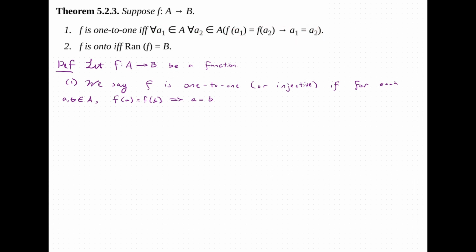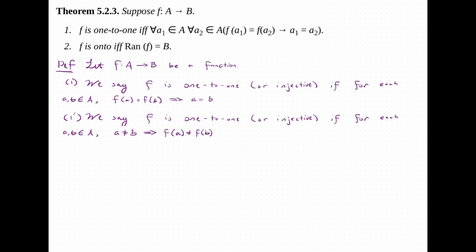But what if we were to take the contrapositive of this statement? Then the contrapositive is a1 does not equal a2 implies that f of a1 does not equal f of a2, or written differently, our statement 1 prime: f is one-to-one if for each a, b in the set A, a does not equal b implies f of a does not equal f of b.